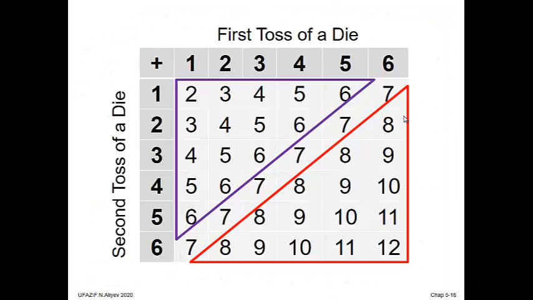For the sum being more than 7, we have these numbers inside this red rectangle, and as you see here we also have 15 possibilities. That's why the probability of winning the second bet is also 15 over 36.